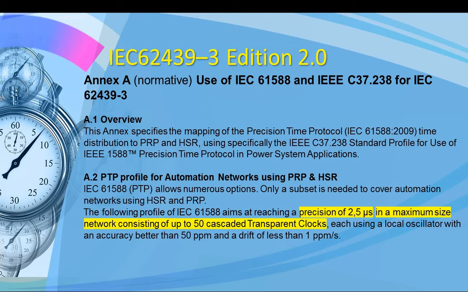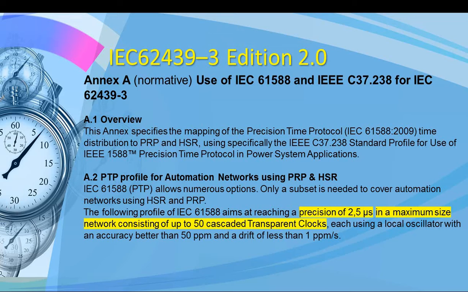In version number 2, Annex A is where 1588 over PRP and HSR is introduced for the first time, and it also includes the PTP profile, defining how to use 1588 in the PRP and HSR network.